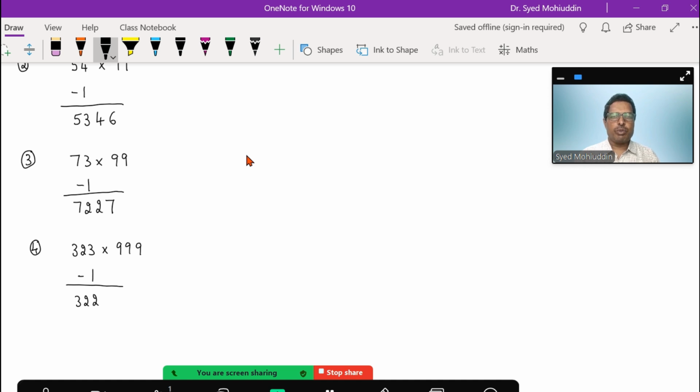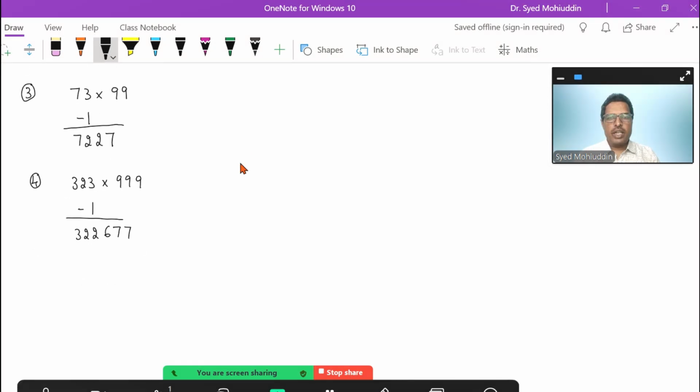Now again subtract 9 minus 3 is 6. 9 minus 2 is 7. 9 minus 2 is again 7. Therefore we have got the answer 322677. Is it very simple? Let us take another example.